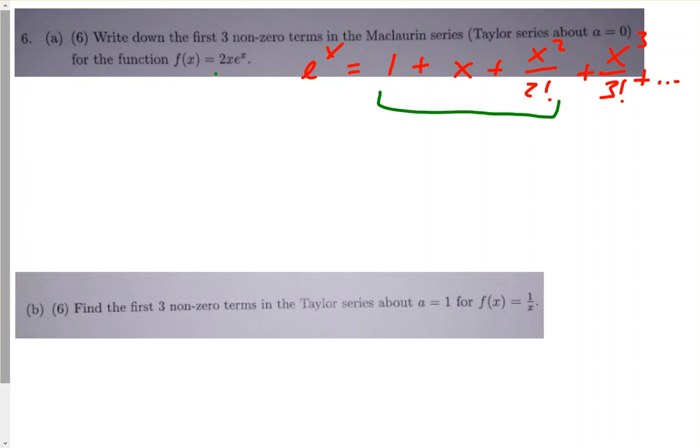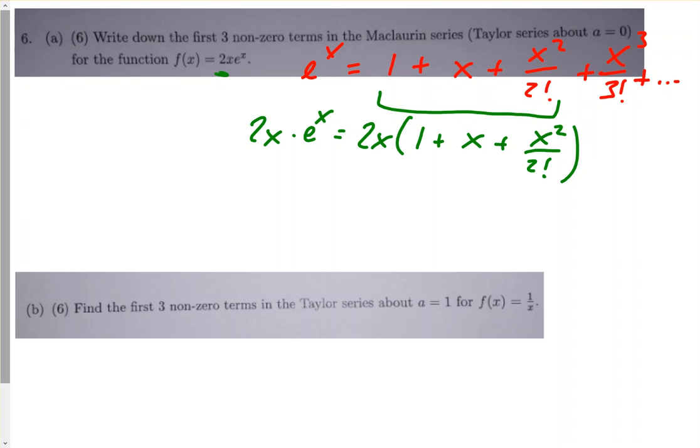So we have 2x times e to the x. Okay, so picture 2x here in front. So we're going to basically do 2x times e to the x. So 2x times 1 plus x plus x squared over 2 factorial. Okay, what does that give us? It gives us 2x.